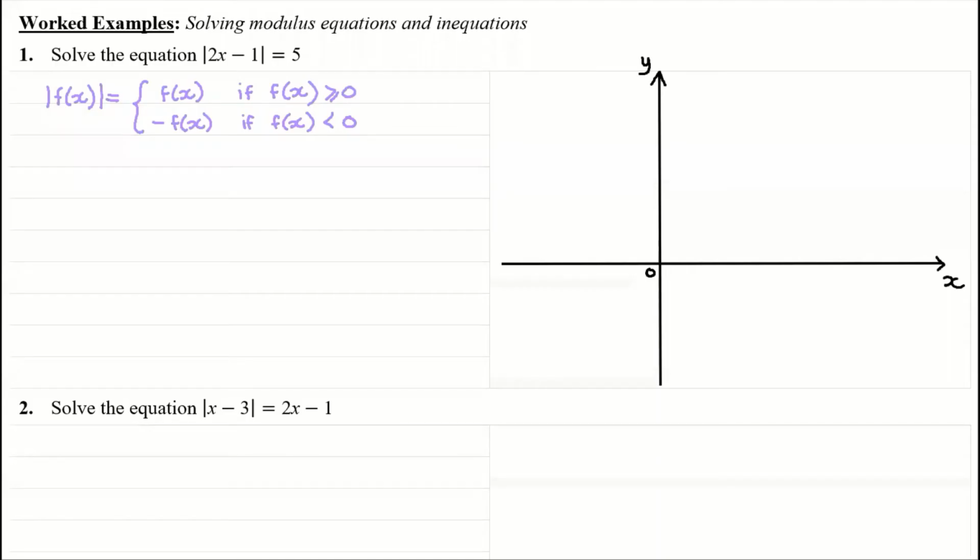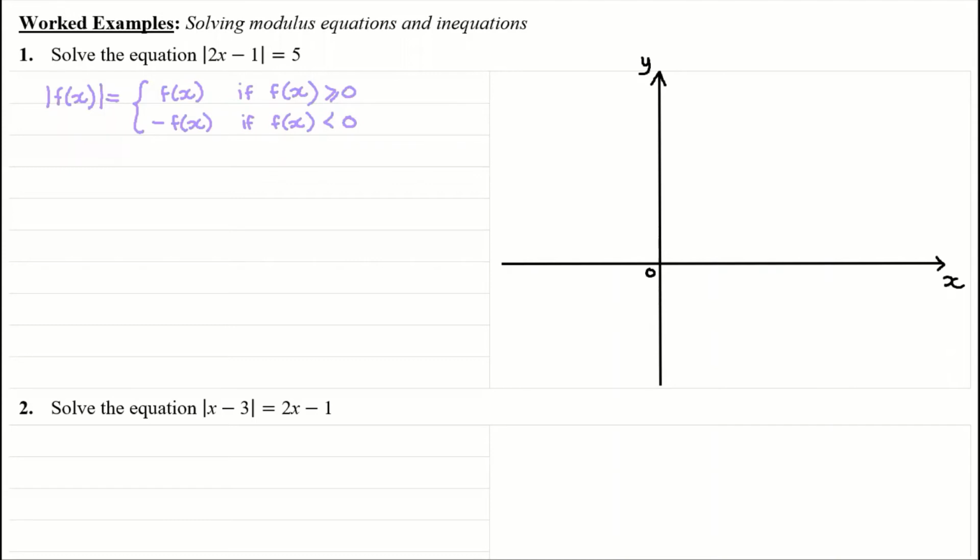All right, so let's have a look at some worked examples. Now, for the first one, I've just sketched the axes for you already, ready for the diagram. And I've also just written out the definition of the modulus of a function. And the reason for that is it's quite common to have misconceptions about where the changeover takes place.